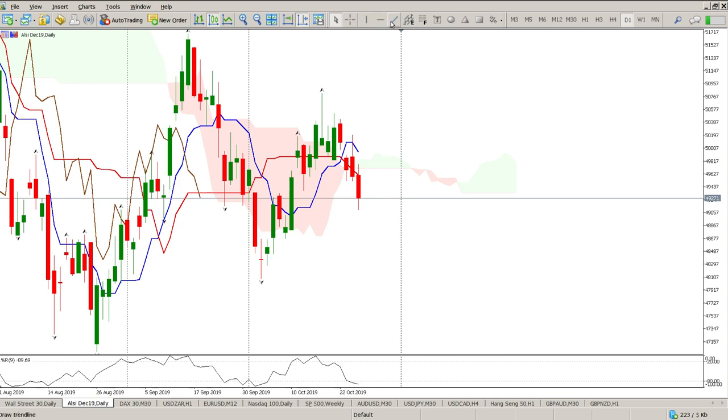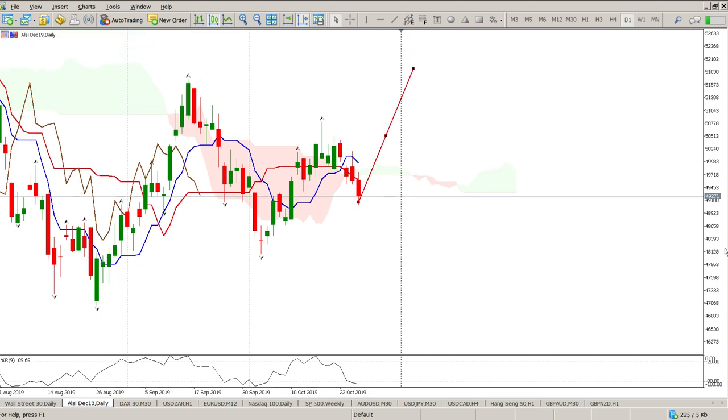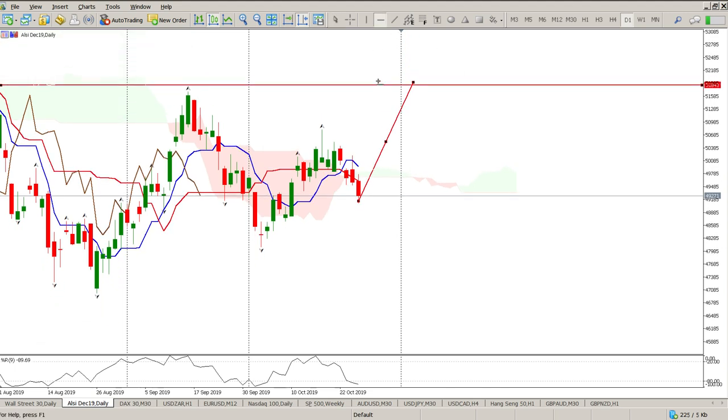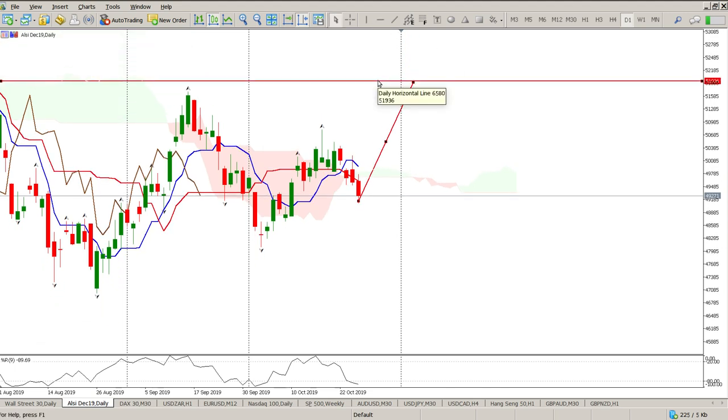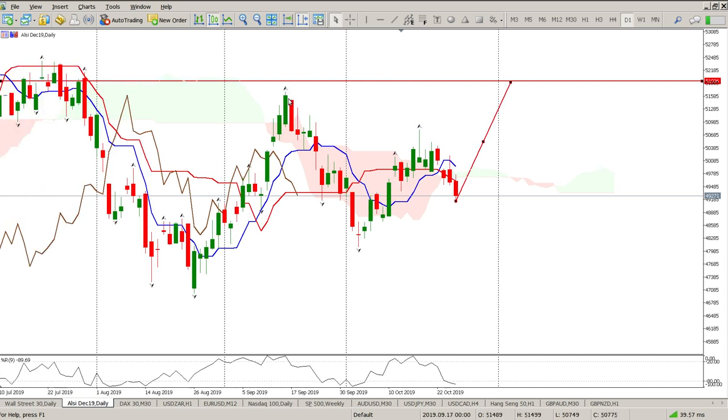And now what I'm expecting is the structure to play out as follows. Okay, so that's what I'm expecting at the moment. Obviously not going to happen in one day, that is our long-term view, but that's definitely the structure that we're looking at the moment.